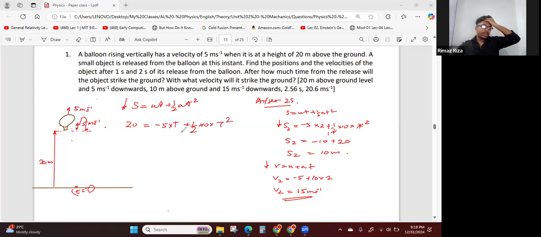So I can divide by 5. So here 4 equals minus t plus, here 10 divided by 2 is 5, 5 divided by 5 is 1, t squared. Therefore 0 equals t squared minus t plus 4. So we want to factorize this.